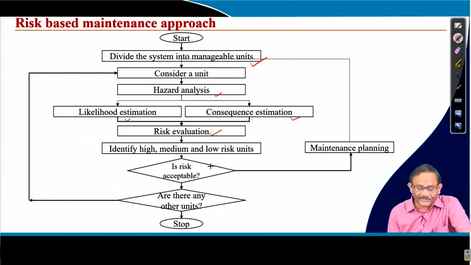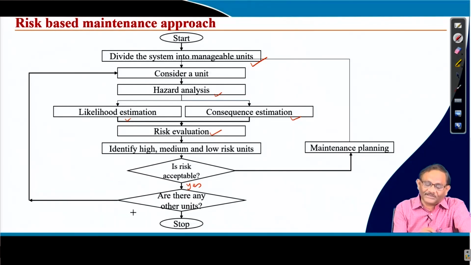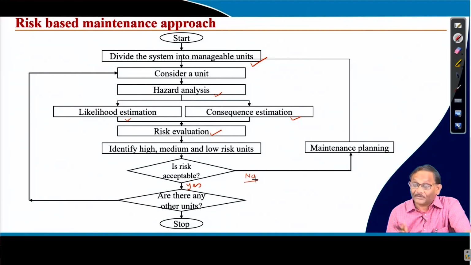After that you find out whether the risk is acceptable. If the risk is acceptable, if it is yes, then you go for the second unit and proceed the same way. But if it is no, then what is required? If you think that maintenance will help in reducing the risk, then go for maintenance and do it.